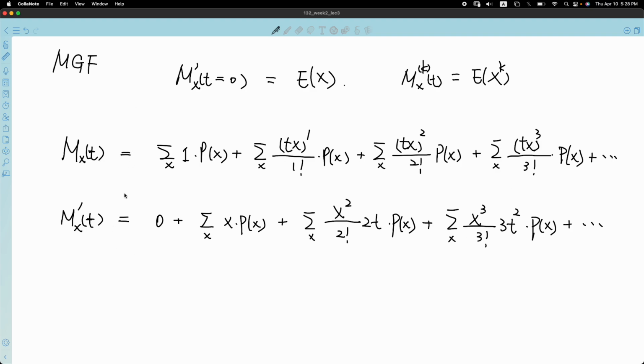What is new today is that we're going to take a second order derivative and show that when t equals 0 it is equal to the second moment. I'm going to use a double prime to show that we're taking another derivative from this line here.